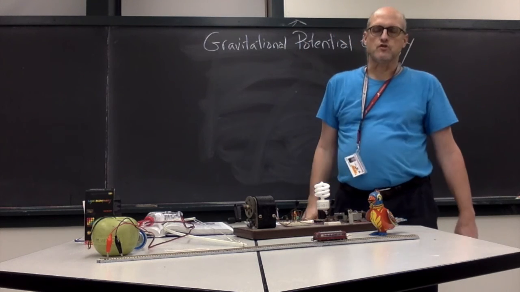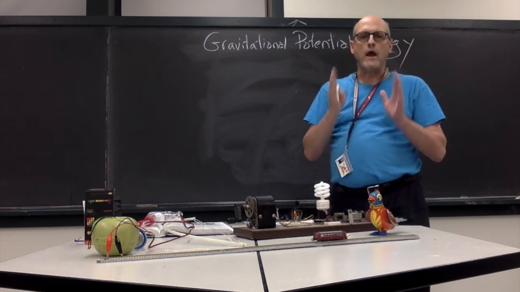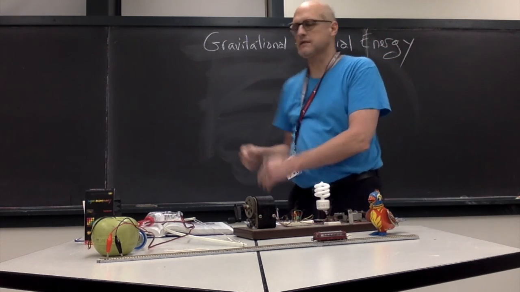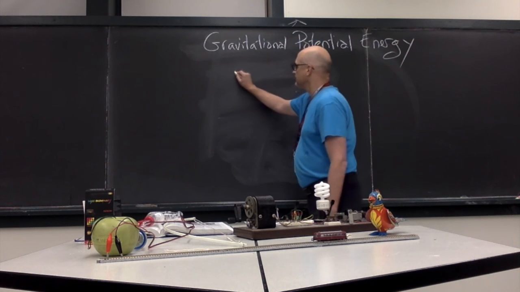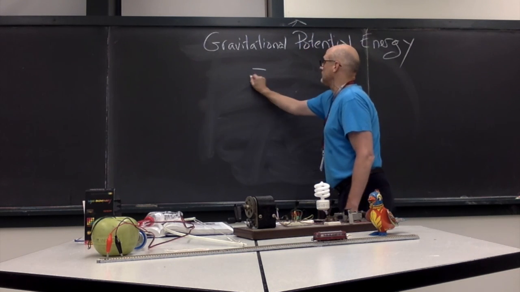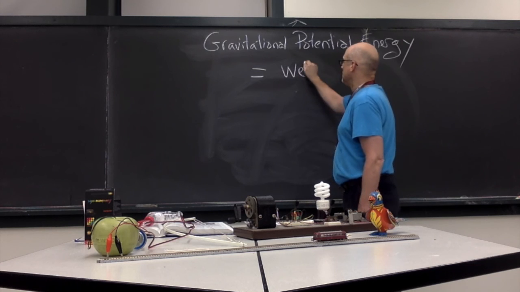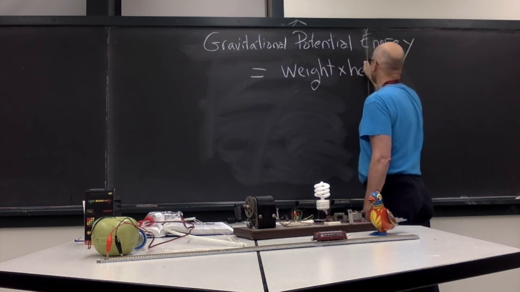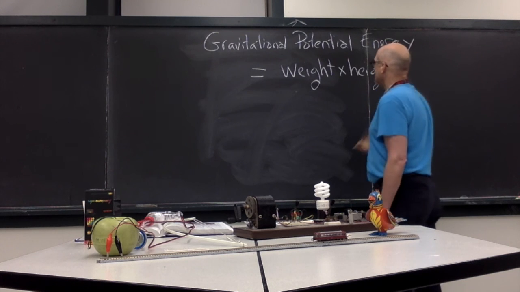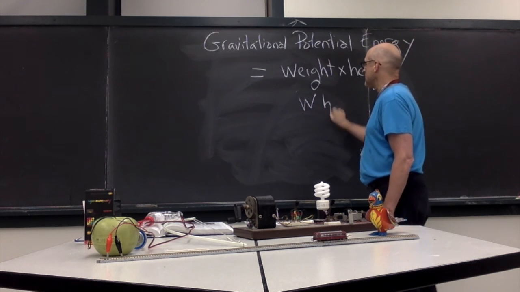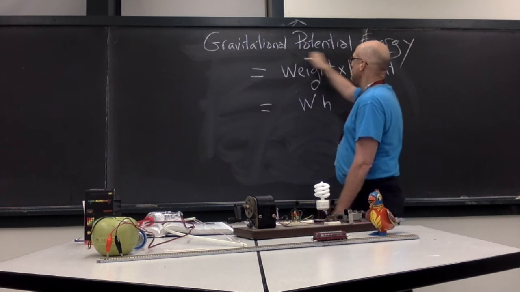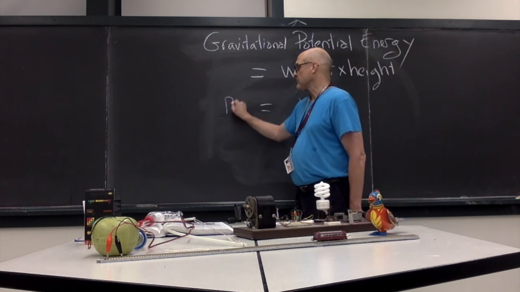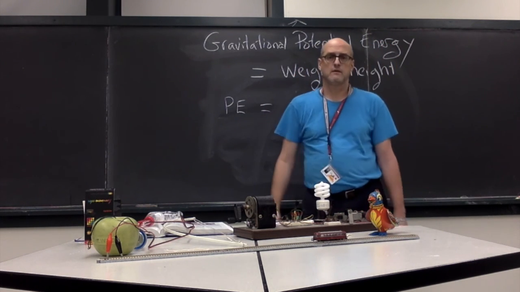Gravitational potential energy is equal to weight times height, or W times H. Gravitational potential energy we can represent with PE, okay?